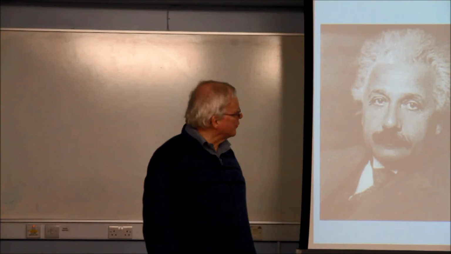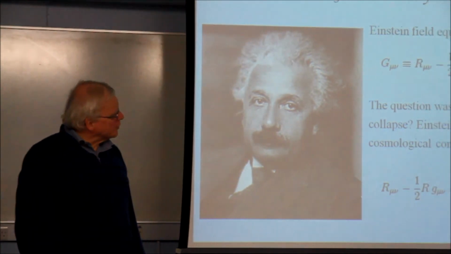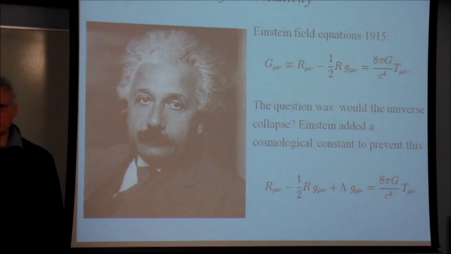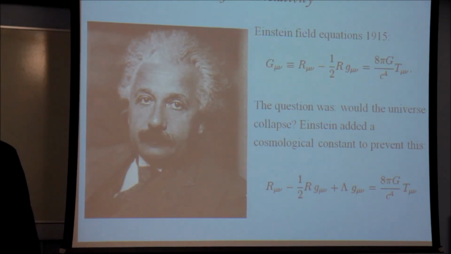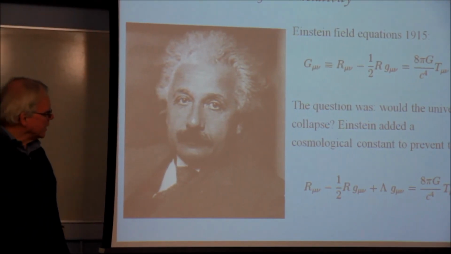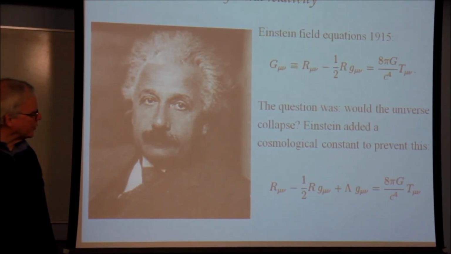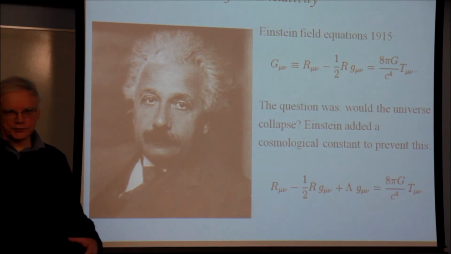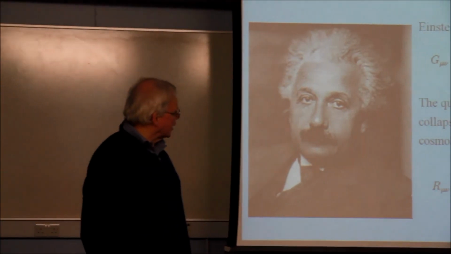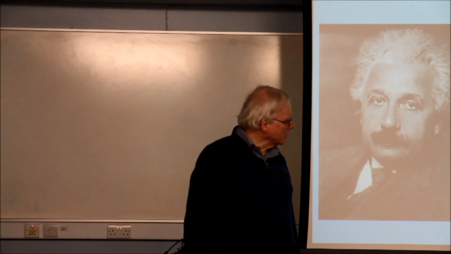I'm just mentioning that this is Einstein's field equations of 1915. In principle, the term on the left is the curvature term, and the term on the right is the energy term, which causes the curvature, the energy momentum tensor. And when Einstein had that equation, he was concerned with whether the universe would collapse because of the energy term on the right, causing so much curvature that the universe would collapse.